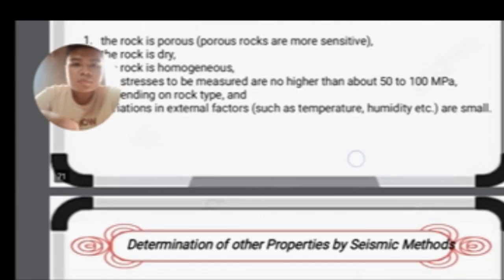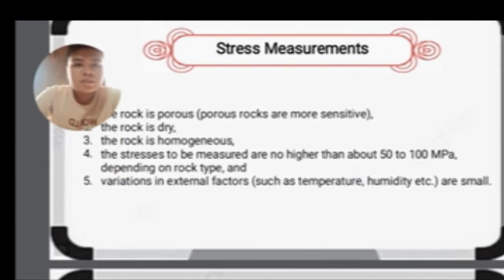So the next one is the stress measurements. It has frequently been observed that seismic velocity changes as stress on the rock changes.